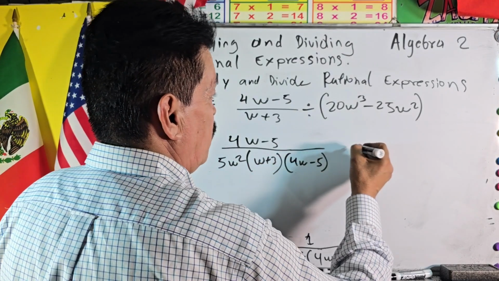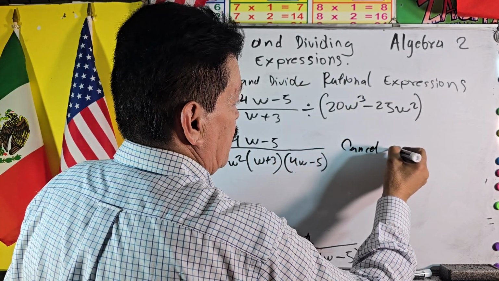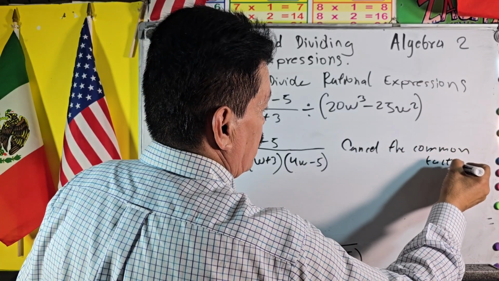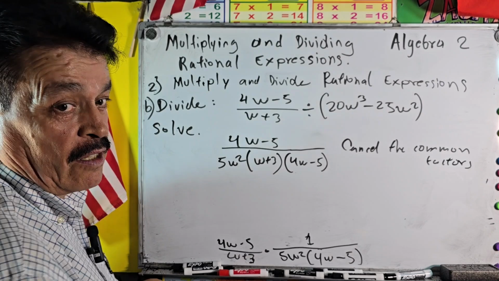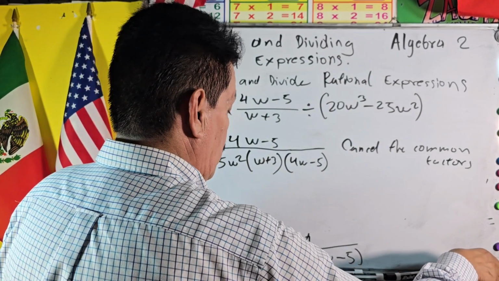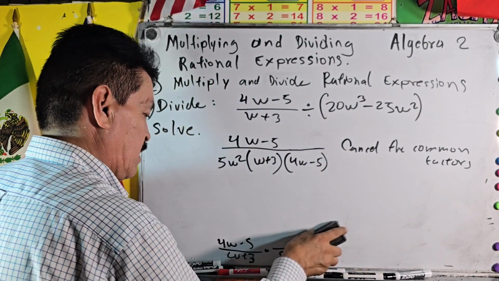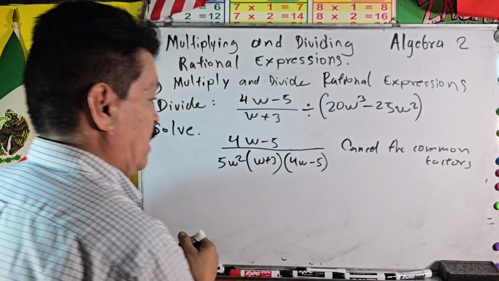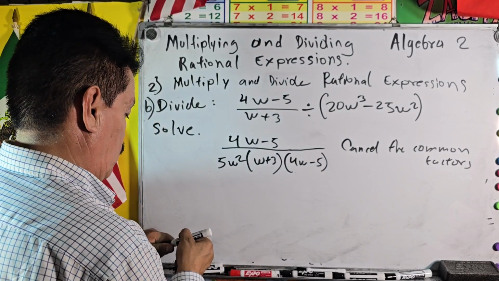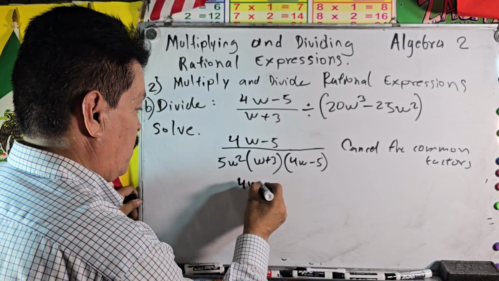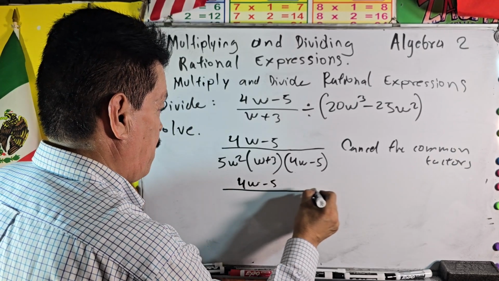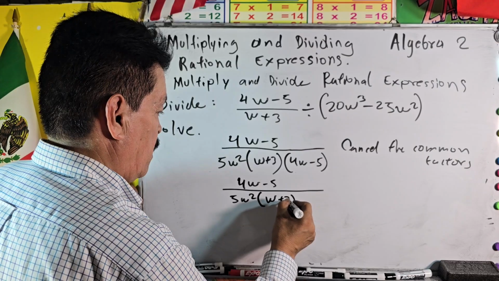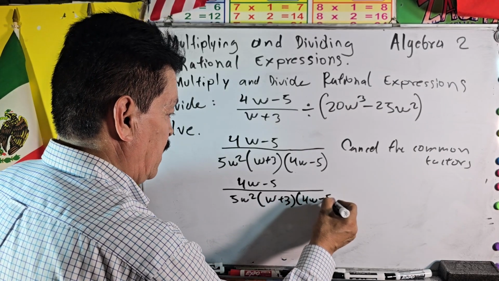So now cancel the common factors. Let me erase this, I don't need it. So let's write again the problem to show you. Write 4w minus 5 over 5w to the second power times w plus 3 times 4w minus 5.